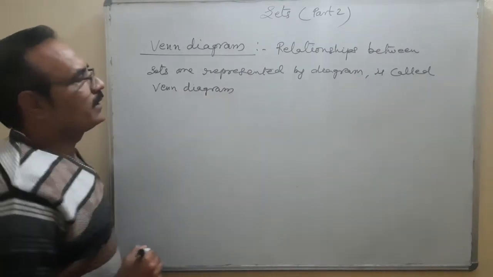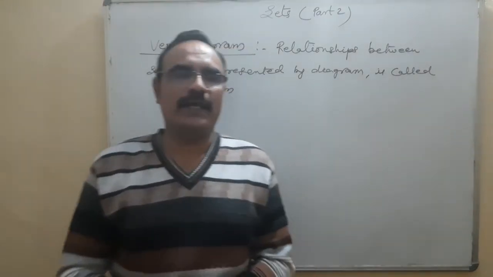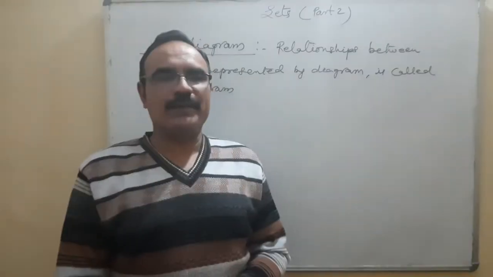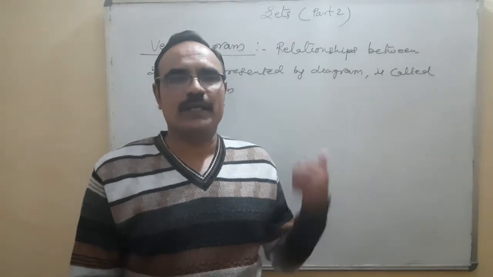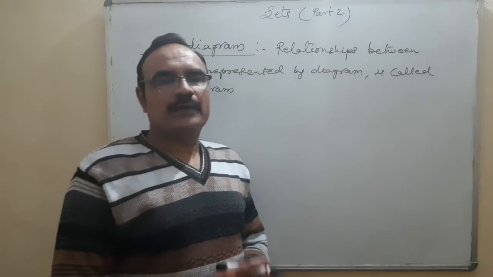Relationship between sets are represented by a diagram is called a Venn diagram, because there was a mathematician, George Venn, on whose name this diagram is called. Okay. So what is a Venn diagram?